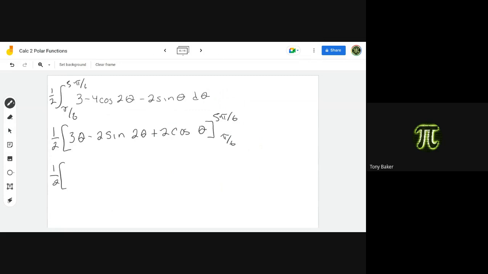All right, let's plug in our numbers. So I've got 5 pi over 2. 5 pi over 3 for sine is negative square root of 3 over 2. Cosine of 5 pi over 6 is negative square root of 3 over 2.